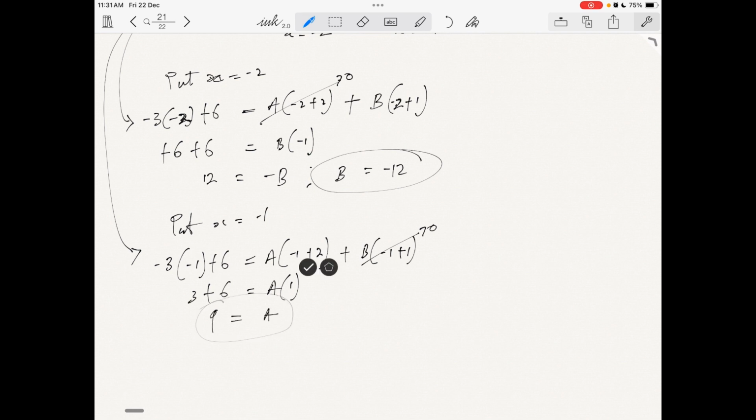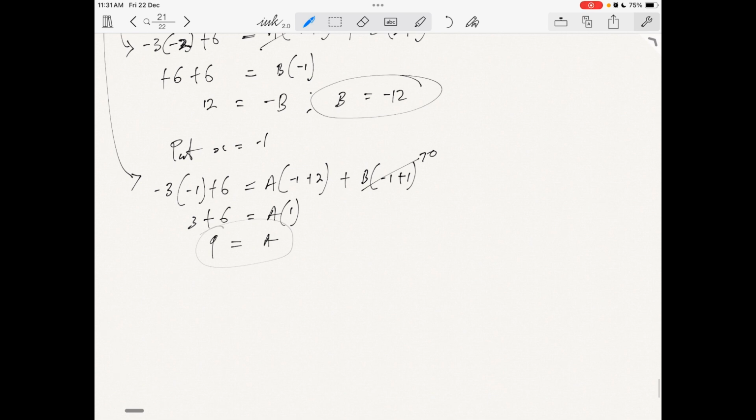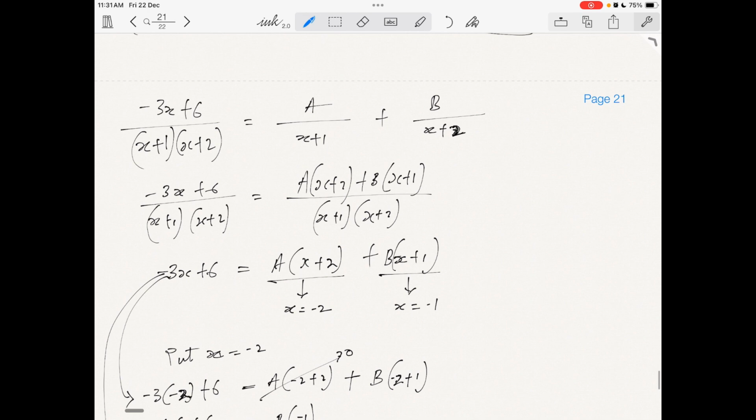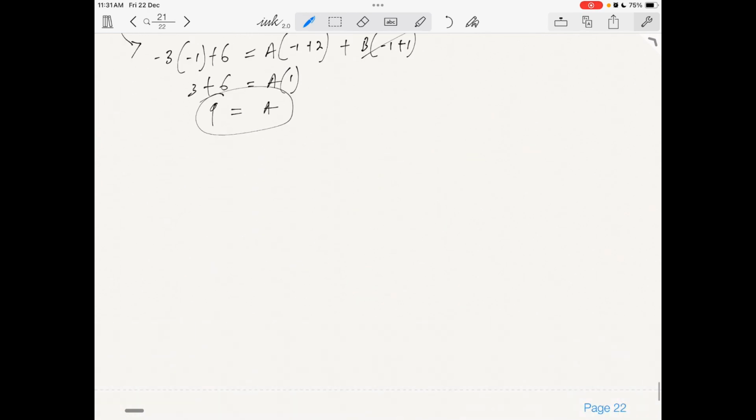Now that we have A equals 9 and B equals minus 12, we go back to this place like we used to do. I have minus 3x plus 6 divided by x plus 1 and x plus 2 equals A over x plus 1 plus B over x plus 2.